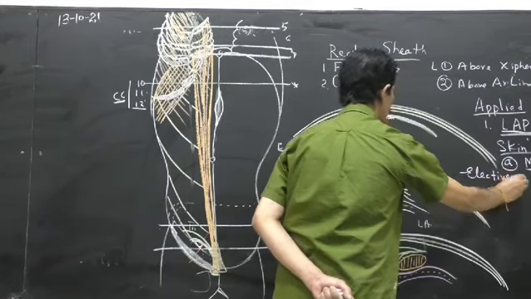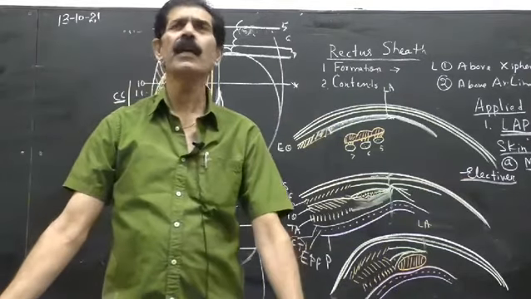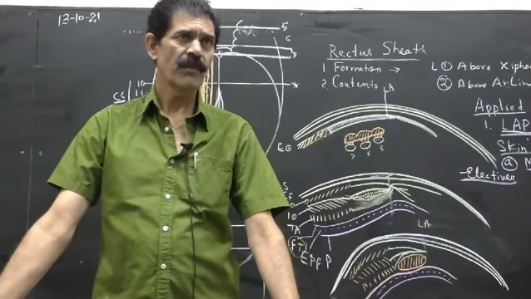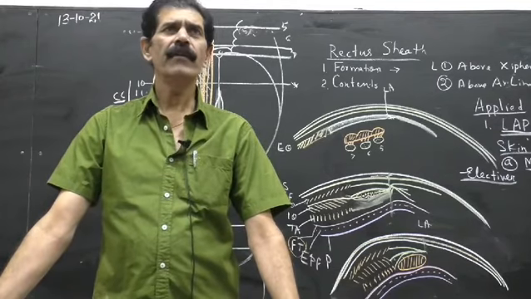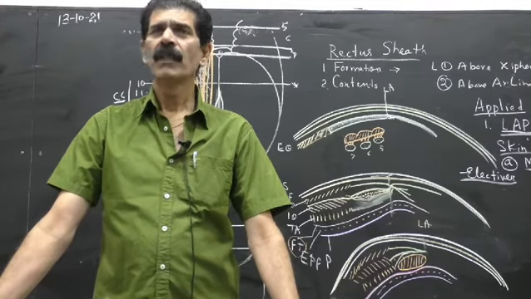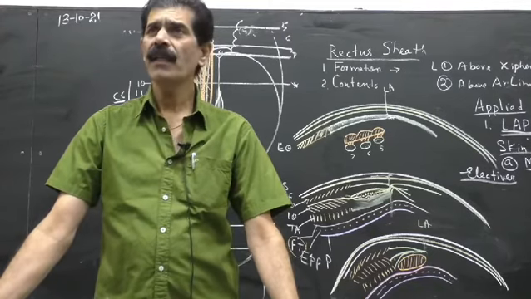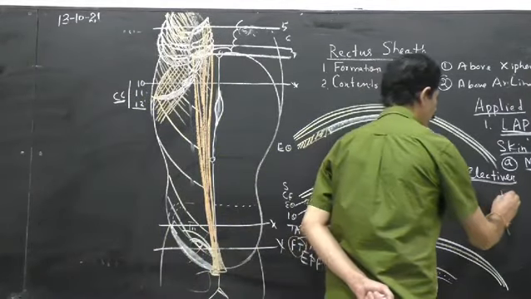Elective operations are those in which we have sufficient time to sit and think about the surgery of the patient. Then we do not give the midline incision. Then we prefer the paramedian incisions. Paramedian.